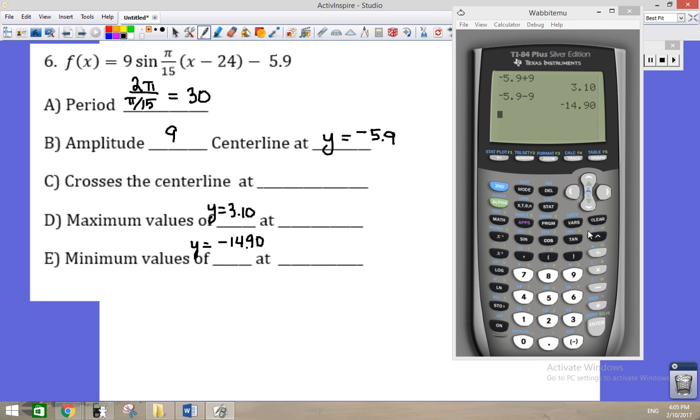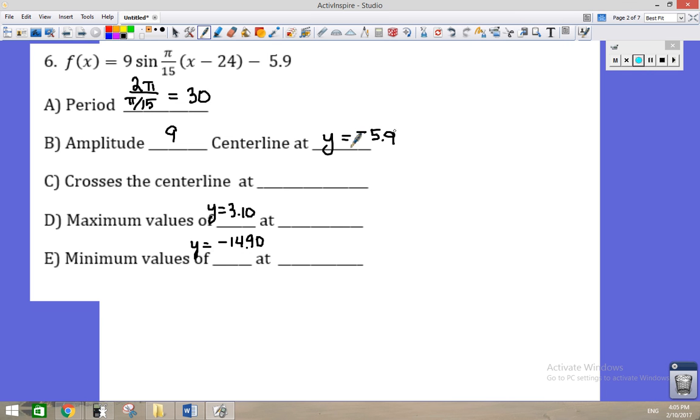All right, so let's come in and for the sine curve, we know we're at our center line at 0. So let's sketch the sine. It goes up and then like this. And so this is my center line. At 0, I'm at my center line. So if this pi over 15 times x minus 24, if that's equal to 0, I know I'll be at my center line.